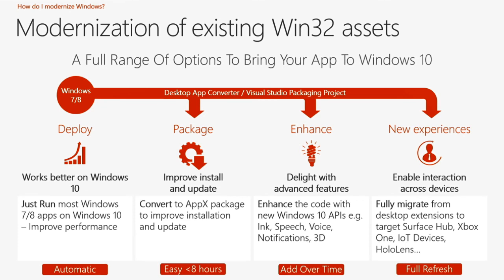And then as you get your app into a Universal Windows Platform app, or UWP app, this app becomes available across all kinds of devices. And that includes, you could take your desktop app and expand it to run on mobile, Xbox, IoT, or HoloLens. That opens doors and opportunities for you to put your app on a lot more device families. And that's what the app modernization journey looks like.